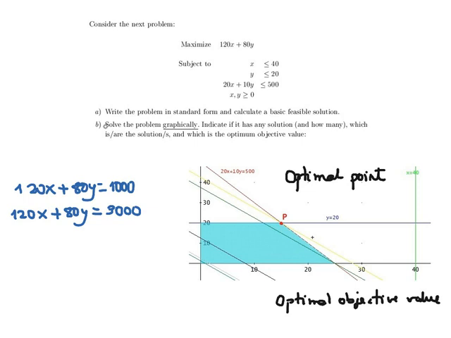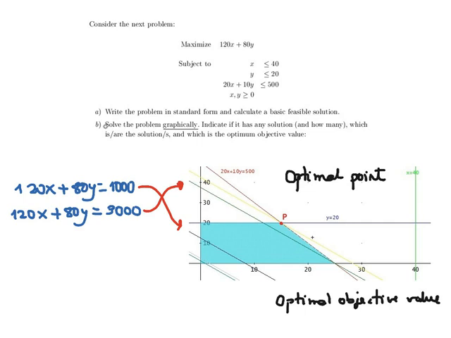For example, this straight line here is 120x plus 80y equal 1000. This one is the level of 3000.